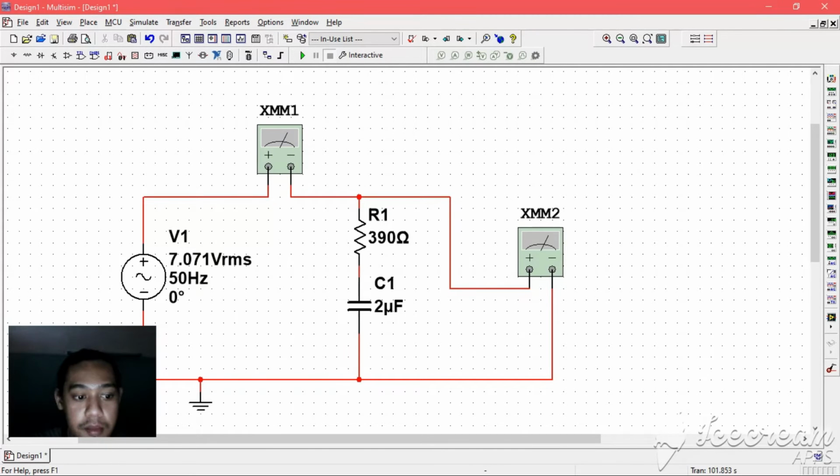For the second step, we have to measure the value of current and voltage using AC ammeter and AC voltmeter.